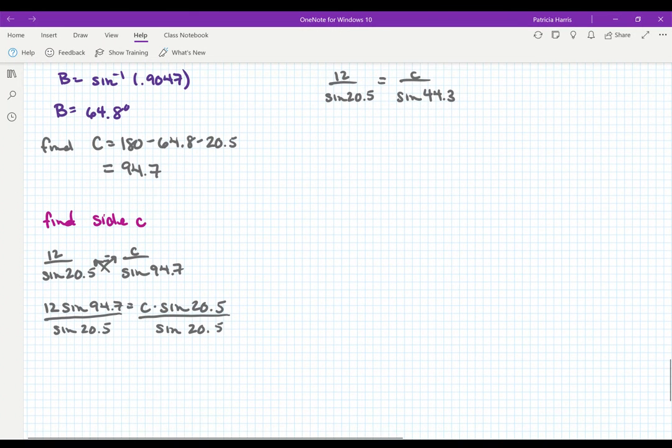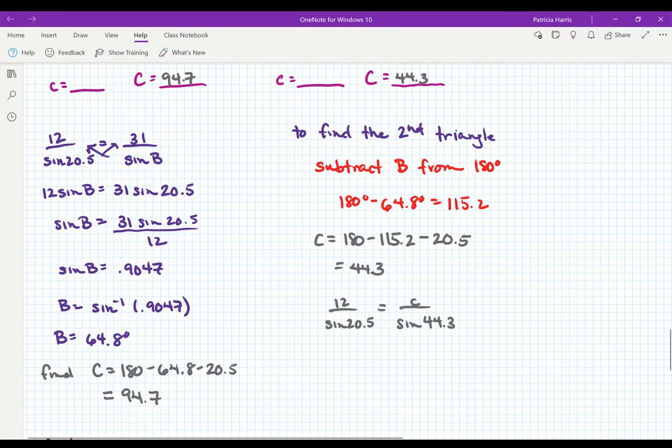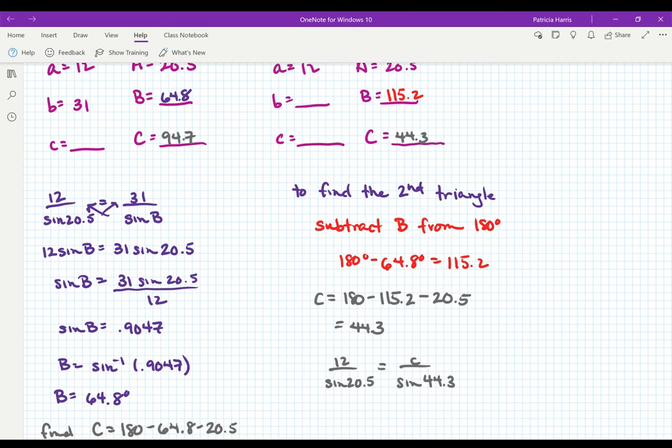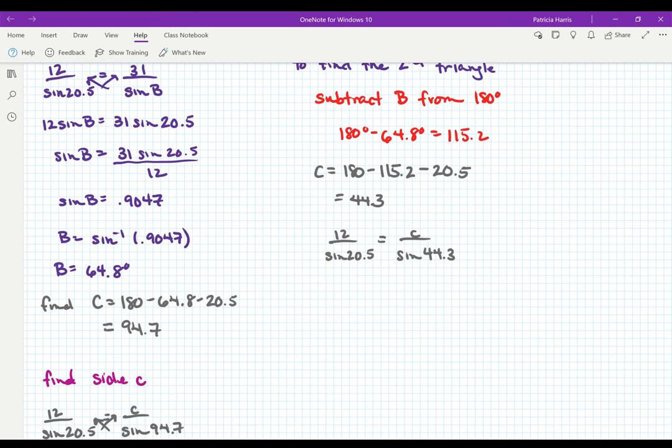Okay. So for this one, I will get C. Okay, so for the first triangle, 34.15 or 34.2. And then 31.